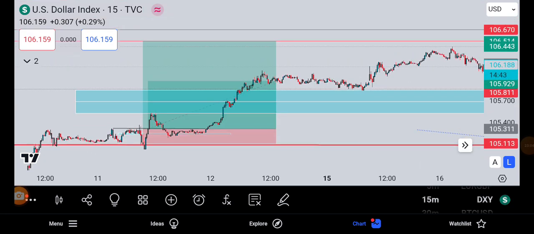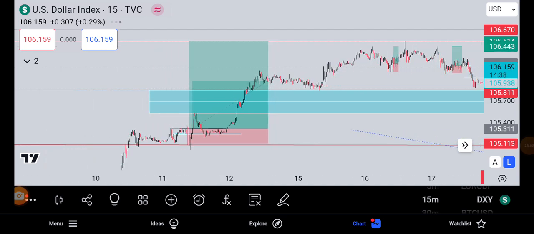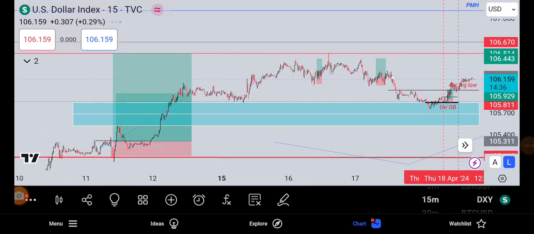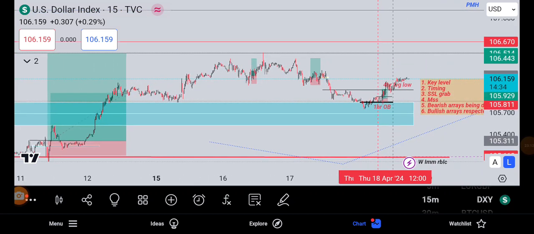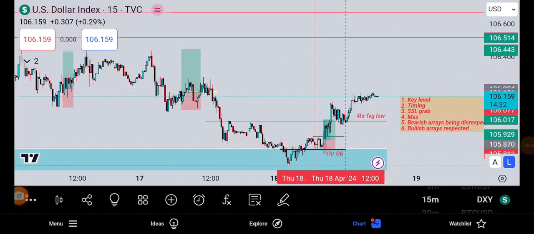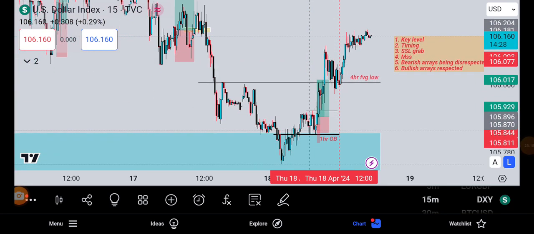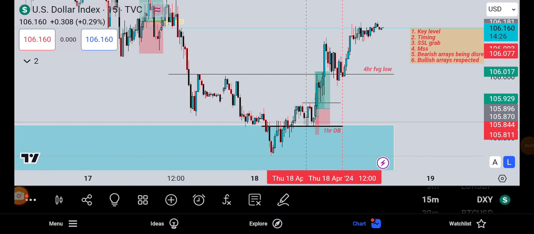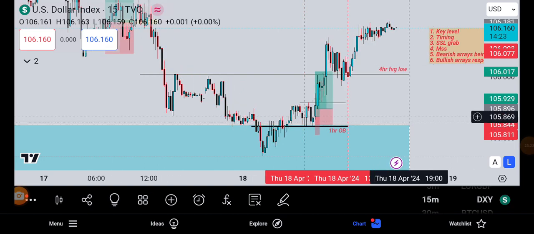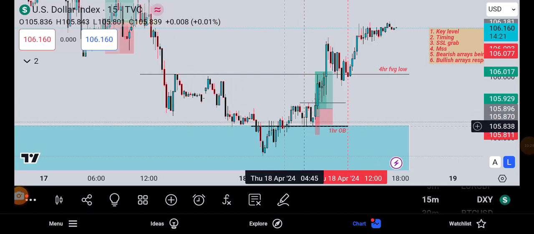So yeah, it's this trade over here. Also ensure the stop should be at this order block's low, because everything has been respected.